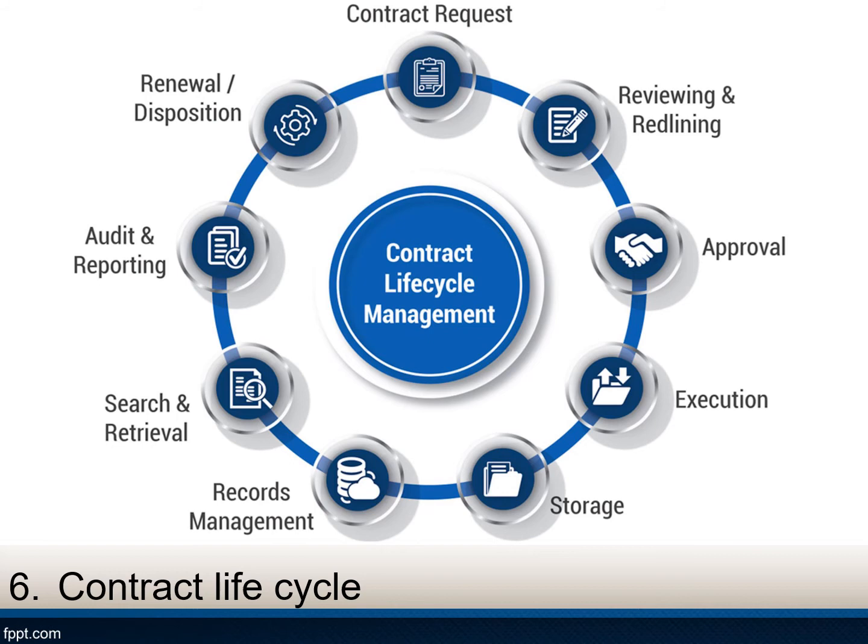Okay, you could see the contract request, reviewing and redlining, approval, execution, storage, records, search and retrieval of the document, audit and reporting, and renewal disposition. Okay, if both parties understood the contract life cycle, they are going to monitor these phases from time to time.